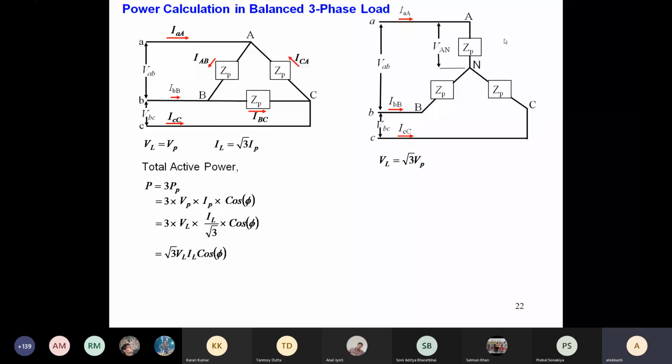The line voltage coming from the generator and applied on the load is root 3 times the per phase voltage. Because of the neutral point here, the phase voltage and line voltage are different, unlike the previous delta case where they were the same. That is what caused the confusion.